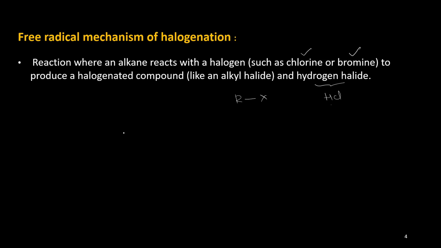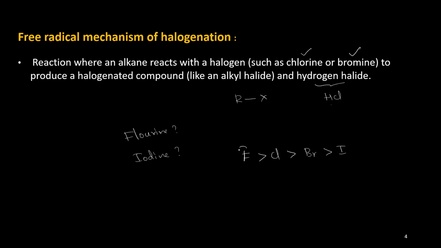You may have a question. Can we also do it with fluorine, iodine? Is free radical mechanism possible for fluorine and iodine? Yes, absolutely it's possible. But then why are we not using fluorine or iodine? Why are we using only chlorine or bromine? If you see the reactivity order, fluorine is most reactive compared to chlorine, chlorine is more reactive compared to bromine, and bromine compared to iodine.